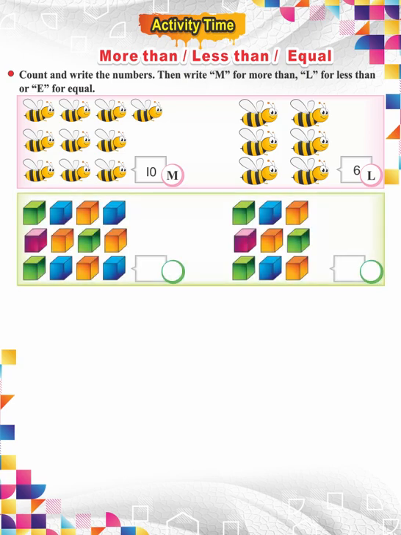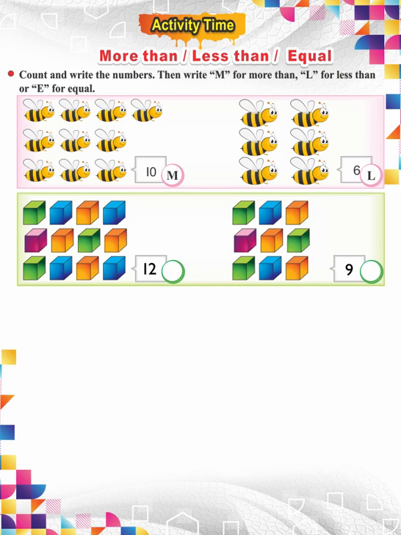In the second row, there are 1, 2, 3, 4, 5, 6, 7, 8, 9, 10, 11, 12 cubes in the left box, while there are 1, 2, 3, 4, 5, 6, 7, 8, 9 cubes in the right box.